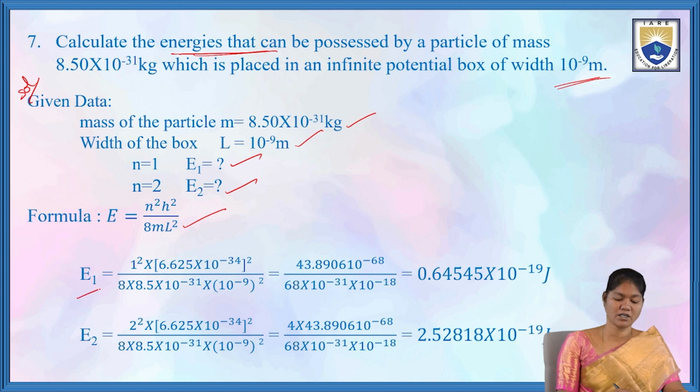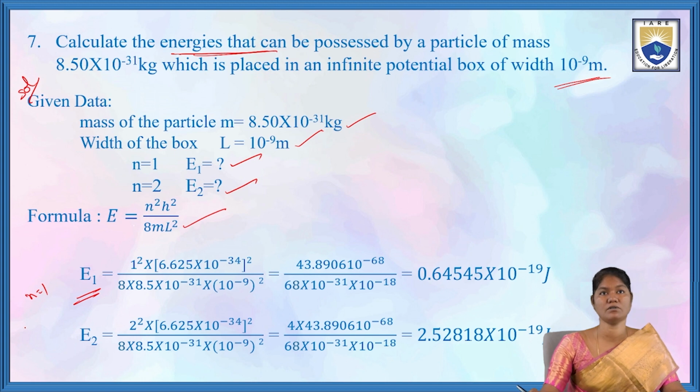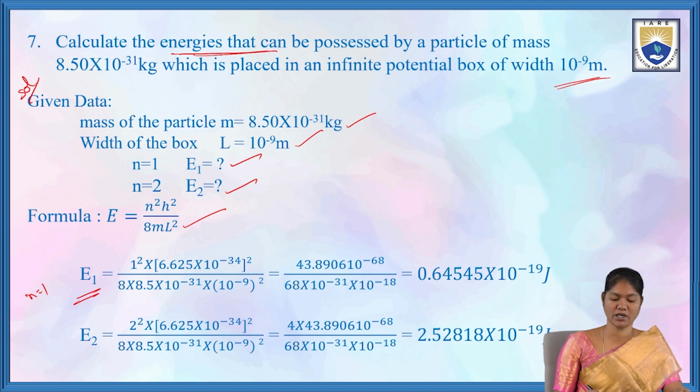So E1, when n is equal to 1, is 1 square into 6.625 into 10 power minus 34 whole square divided by 8 into 8.5 into 10 power minus 31 into 10 power minus 9 whole square.